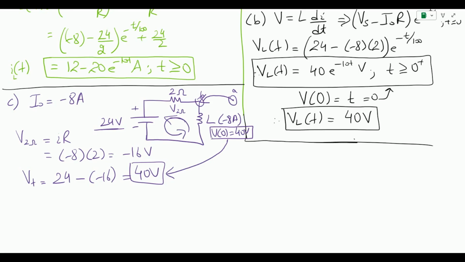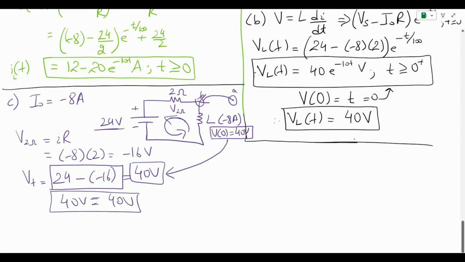The 24 volts is justified as the portion present when the step response happens, but the 40 volts from the initial behavior equals the 24 volts plus 16 volts. Thus this initial value of 40 volts makes sense, because when the switching happens from A to B, the minus 8 ampere current creates that additional voltage, and thus the 40 volt value on both sides remains the same.